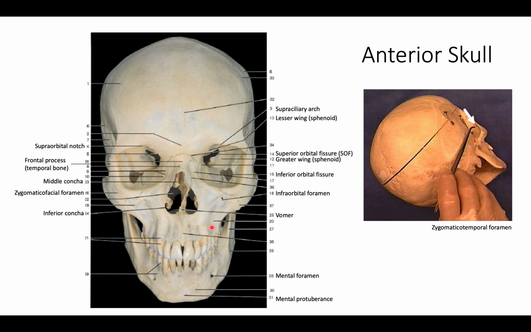Here's our maxilla. Right in the middle of our nose is going to be the vomer. That's going to be the bony portion. On our mandible, we've got two openings, which are the mental foramen, and we're going to talk about what runs through them later on. And then the bottom of our chin is the mental protuberance.